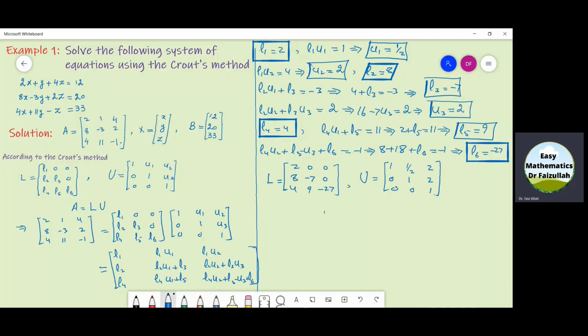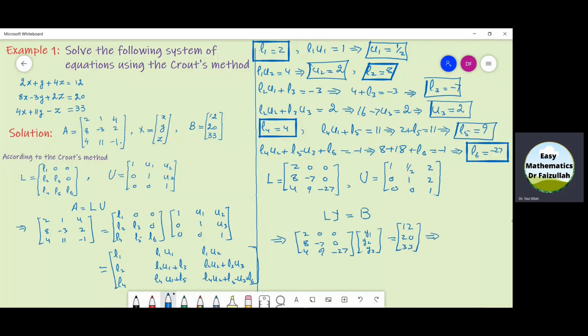In the next step, we shall solve Ly is equal to B. So let us put values in this one. We have 2, 0, 0, 8, minus 7, 0, 4, 9, minus 27. And Y is Y1, Y2, Y3, which is equal to B. So the values of B are 12, 20, 33.